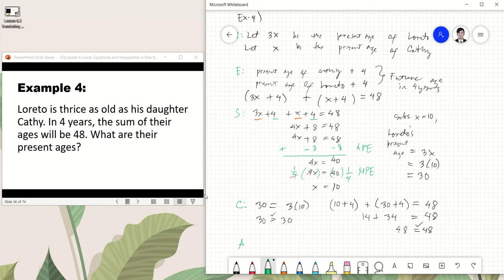We write our final answer in complete sentence. So, the present age of Cathy, let's have Cathy first, of Cathy is 10 years old.